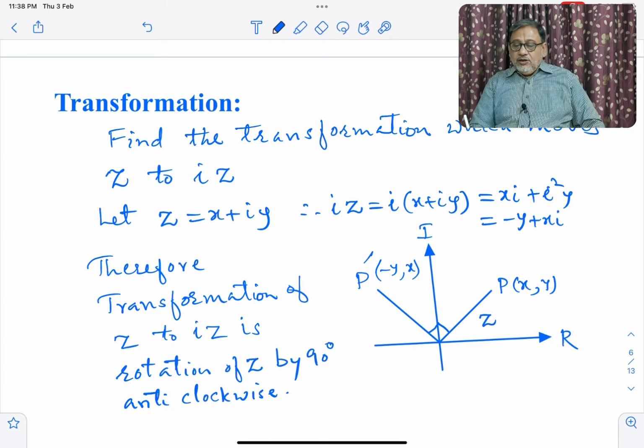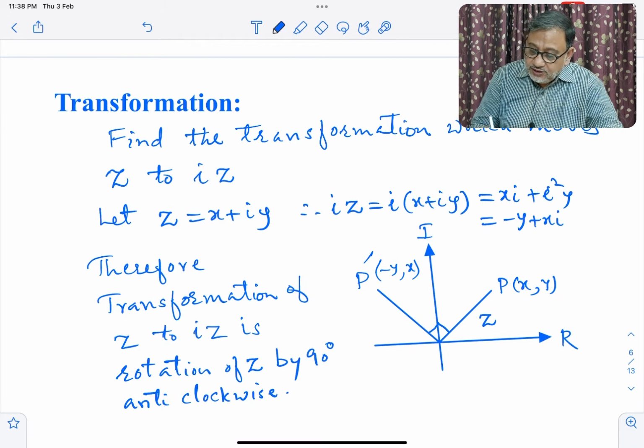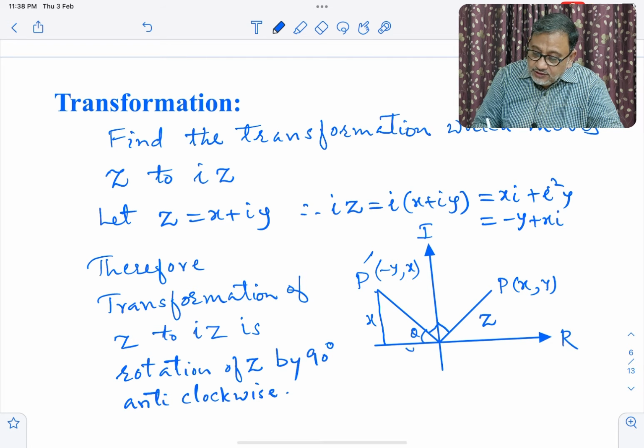Now again maybe you are still confused why I am writing 90 degrees. So you can check here. See, this angle theta will have the y coordinate x, the x coordinate y. So if you want to write tan theta, it will be negative of y by x, x by y.